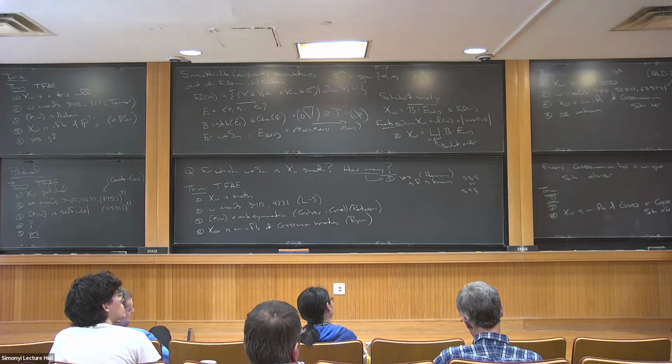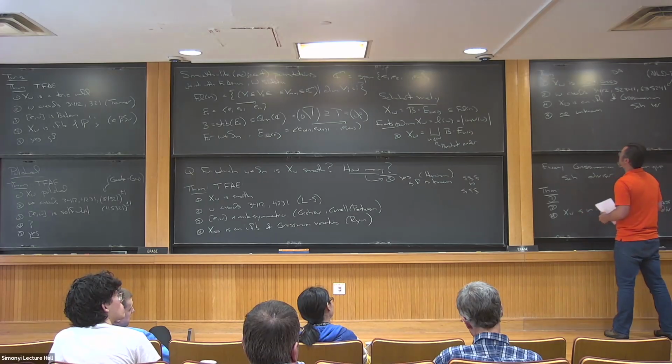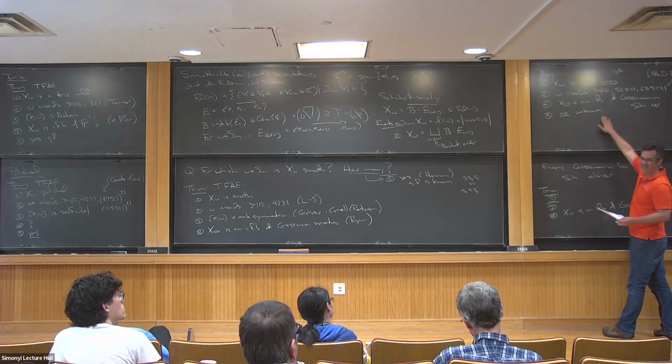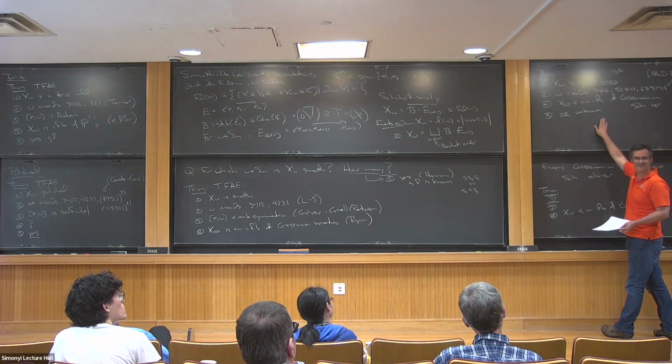And this work is due to my student Azam, because I asked him to do this and it was too hard. So this is what he was able to do.